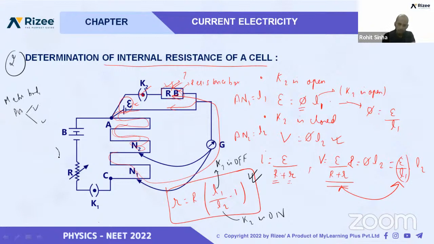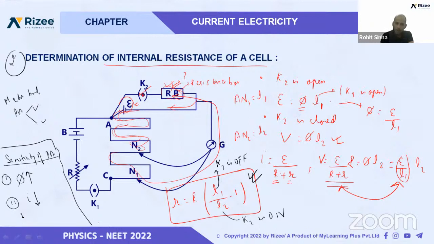One more thing I tell you. Sometimes a question comes in your exam on how to increase the sensitivity of a potentiometer. First, we increase the value of the potential drop, phi. Second, we decrease the current value by using a resistance box.